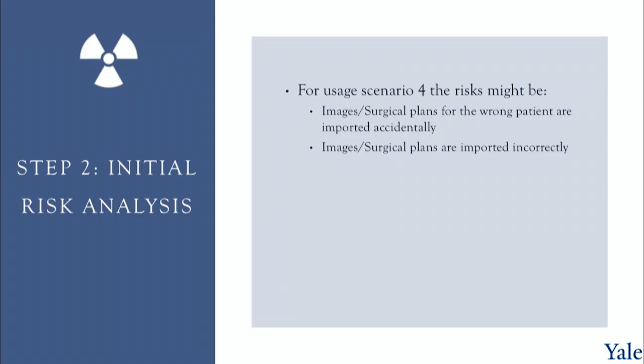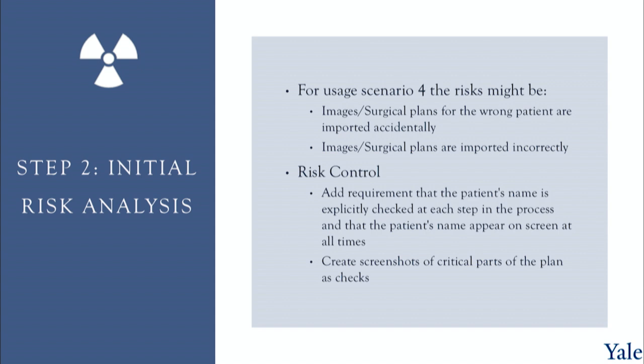When we have this initial usage scenario, and remember, risk analysis is a constant companion to this process, now we ask the question, what could go wrong here? Now, this is what they would like to be able to do. This is what our users need. But what risk do these needs entail? What do they create? So we perform an initial risk analysis here. So for usage scenario 4, the risk might be that the images and surgical plans for the wrong patients are imported accidentally or that they are imported incorrectly.